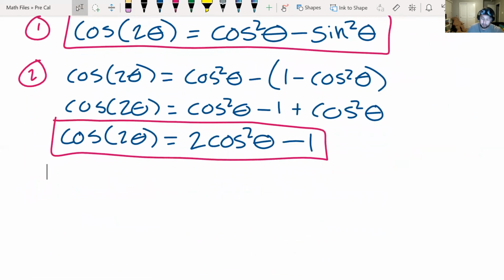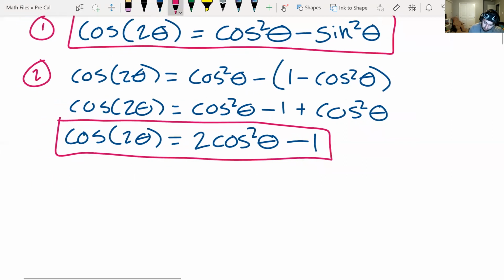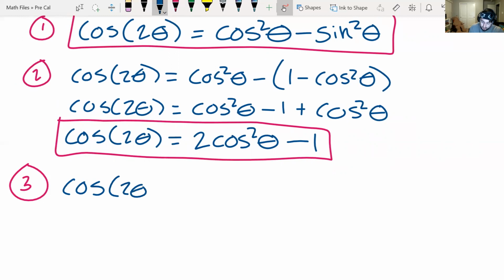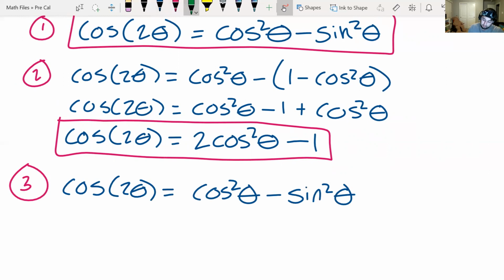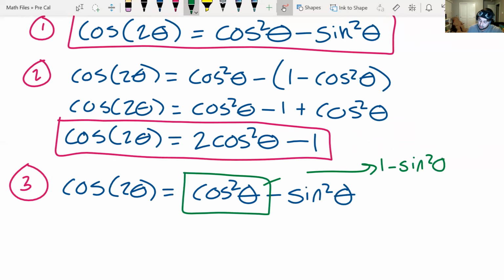Now let's go for the third one. We'll start back at the original, cosine 2 theta equal to cosine squared theta minus sine squared theta. And now I'm going to change cosine squared theta into its identity of 1 minus sine squared theta.